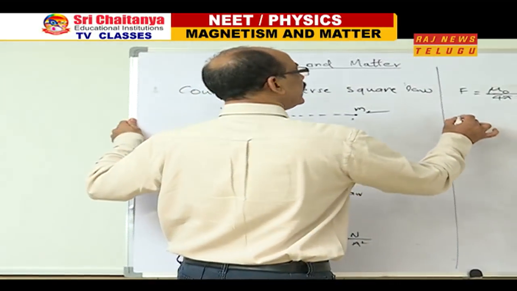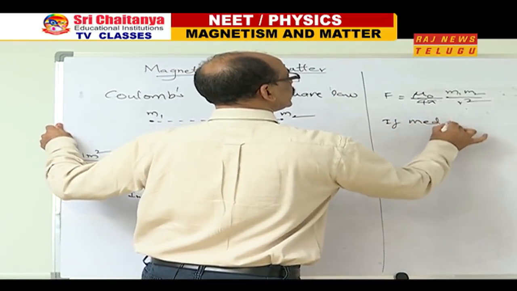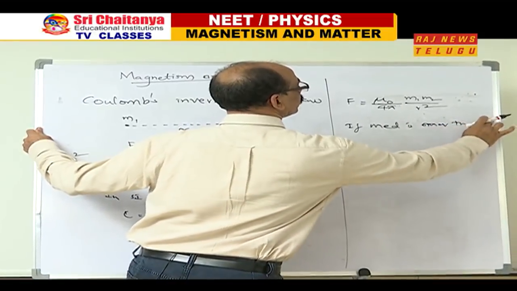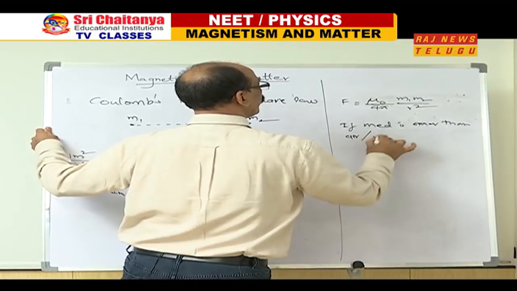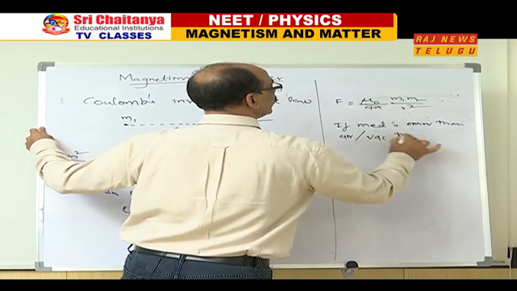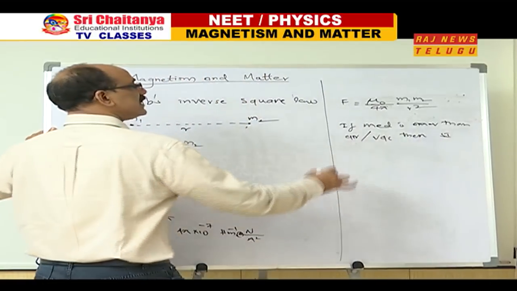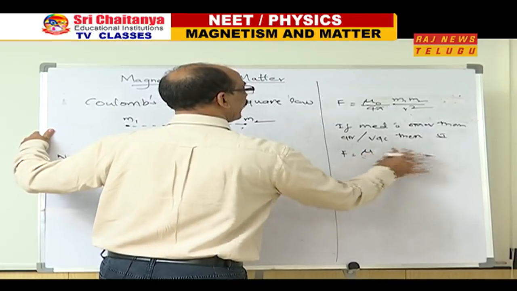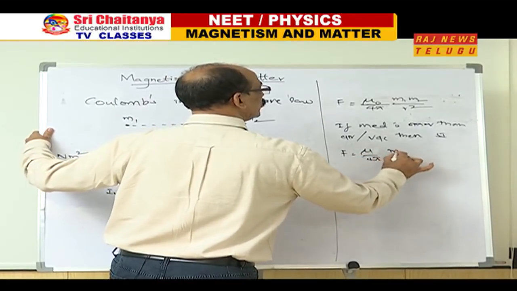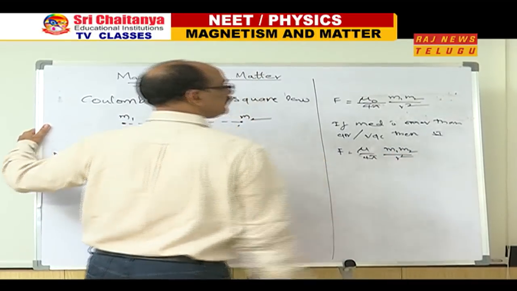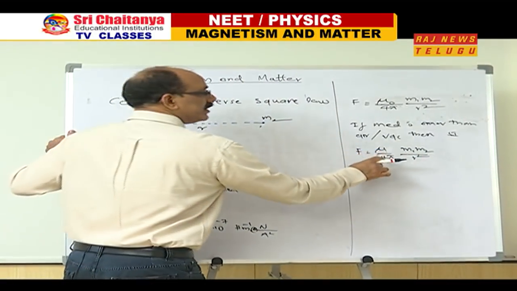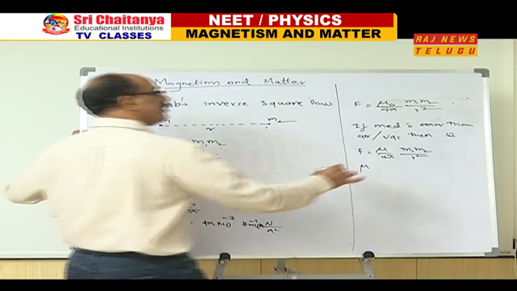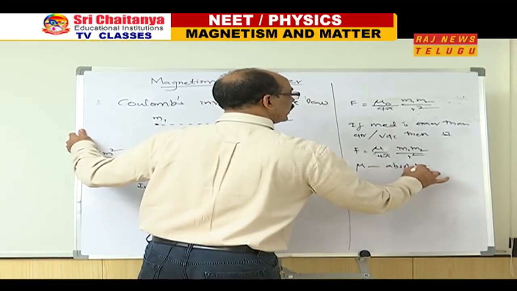If the medium is other than air or vacuum, then in SI, this F is given by mu by 4 pi into m1 m2 by r square, where this mu is called the absolute permeability of the medium.